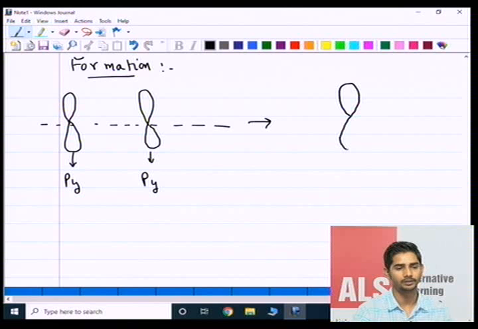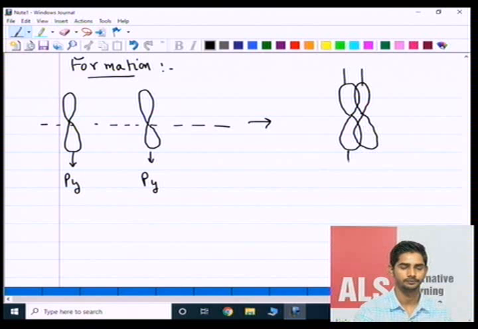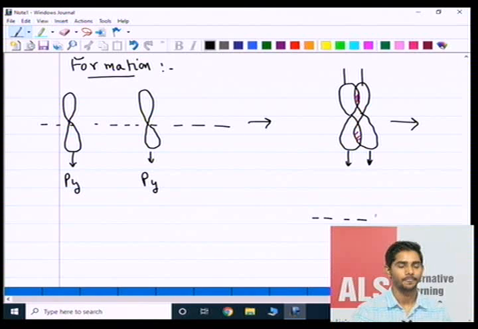And they will look like this. See, and this is represented like this. This is the shaded region. Means this is your bond region. This is also the bond region. You can look at it like this.